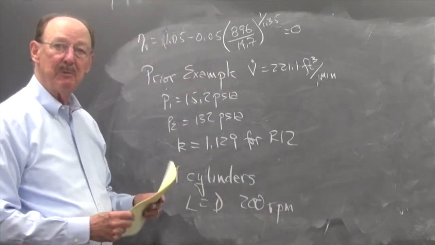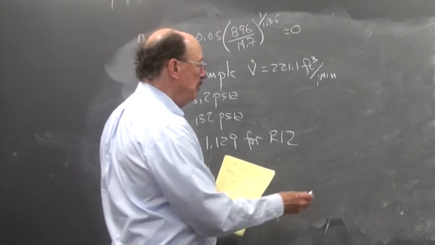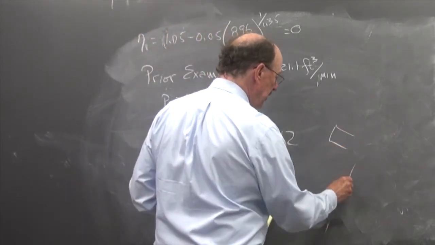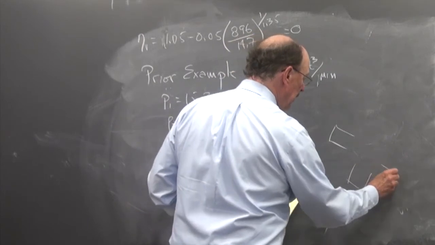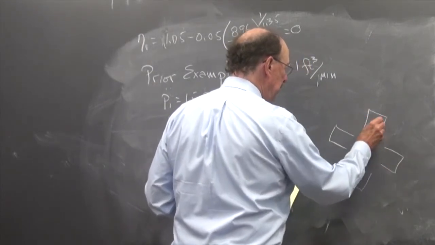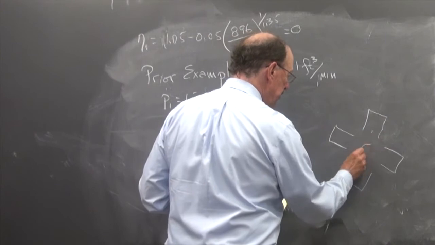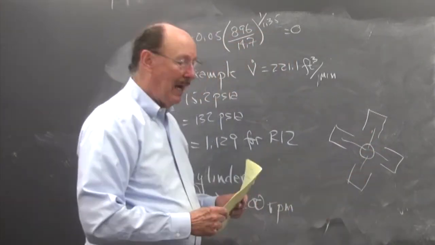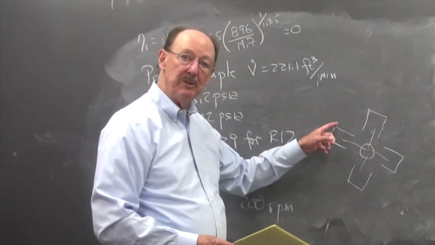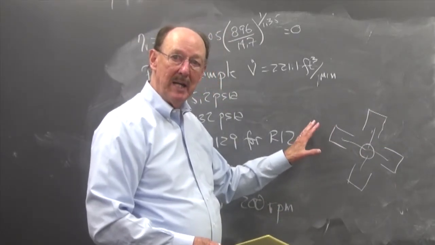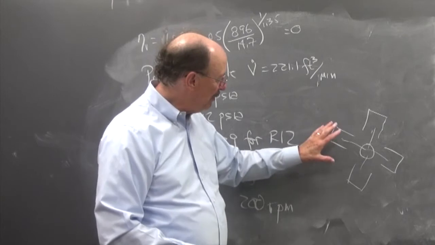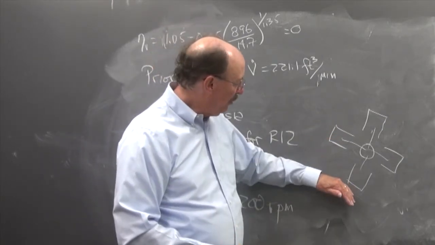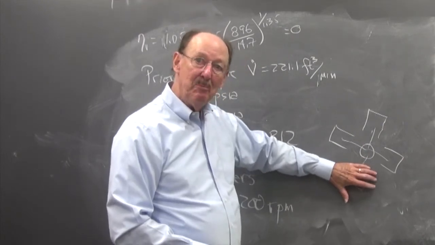What happens in refrigeration compressors is that you tend to have a cylinder here, a cylinder here, a cylinder here, a cylinder here, and then this is your crankshaft, and we have them all connected. And so I'd have four cylinders, and as the load goes down in refrigeration, there are ways to decommission each cylinder.